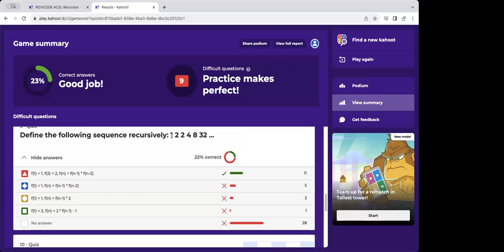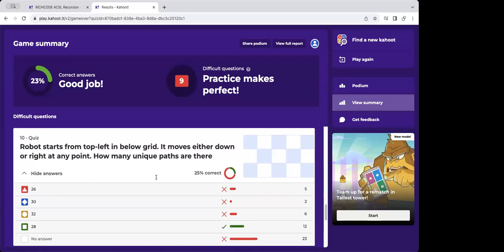So since each term is the product of the previous 2 terms, that means 2 terms have to be the base case, which eliminates, I think, the second option, which a lot of you chose, because we have to have 2 base cases, f(1) equals 1 and f(2) equals 2. And then from there, f(n) equals f(n-1) times f(n-2). So just be careful with the base case.